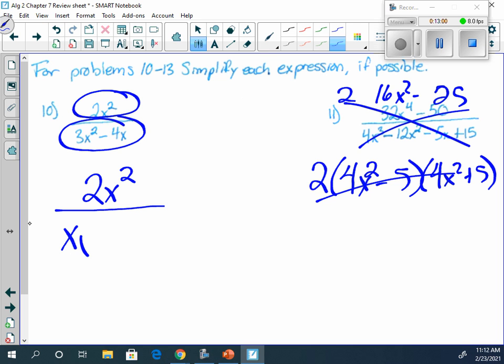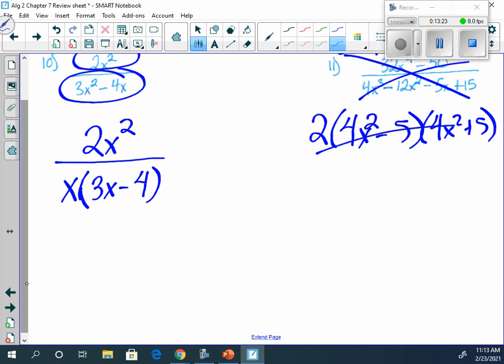So when I factor out an x from 3x squared, I'm left with 3x. Now when I factor an x out of negative 4x, I'm left with negative 4. So when I pull one x out of that 3x squared and 4x, we're left with 3x minus 4. Now when we look back at this, let's just make sure. 3x and 4.